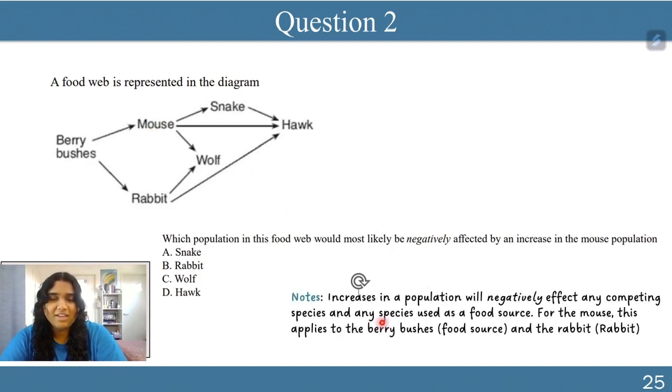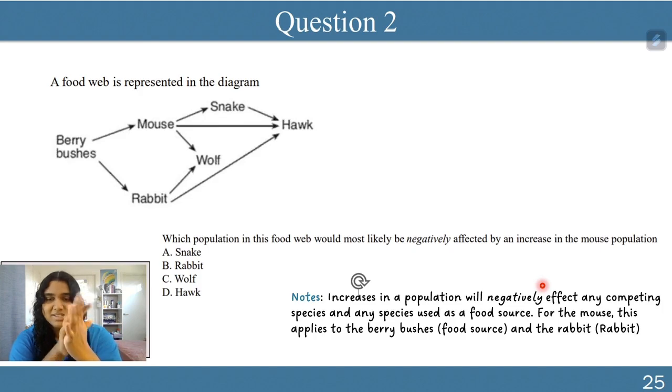Here, any time you get an increase in population negatively affecting something, it will be for a competing species for the population that increases, or any species that population uses as a food source. Any other sort of predator will be increasing in population alongside the population that increases.